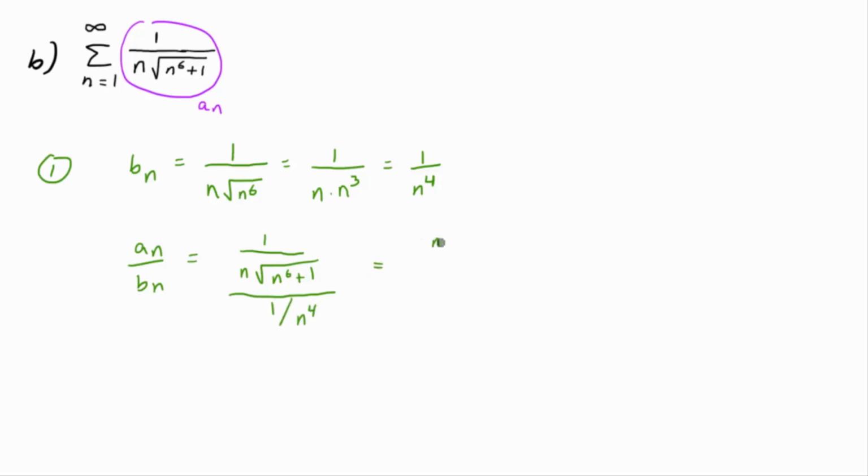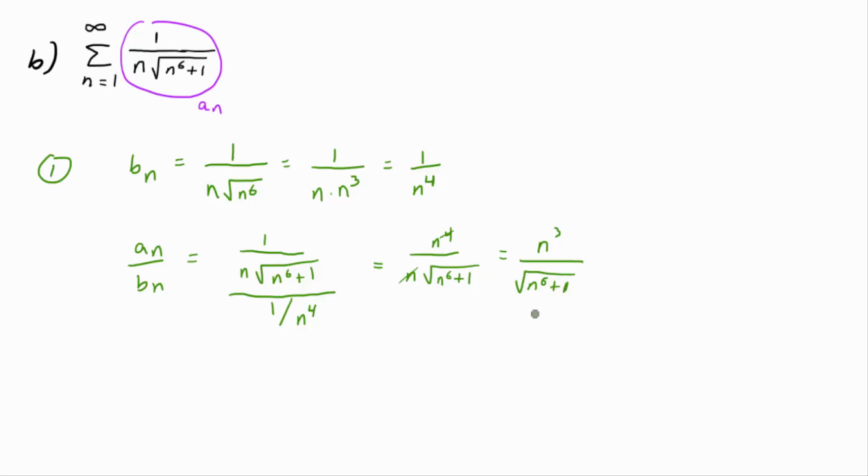Flip and multiply, get n to the 4th on top over n square root of n to the 6th plus 1. And then how does that simplify on top? Well, you got this n on the bottom, though. That cancels, right? So n to the 3rd on top over square root of n to the 6th plus 1.